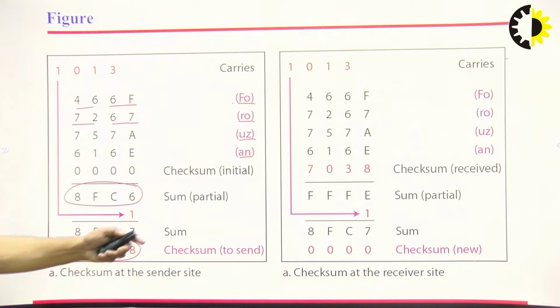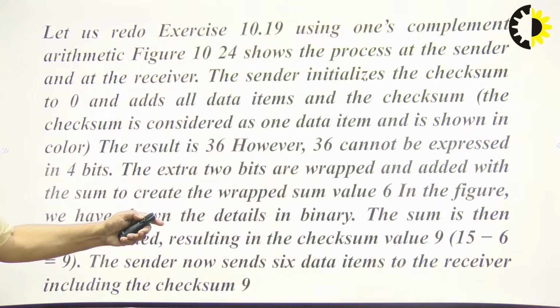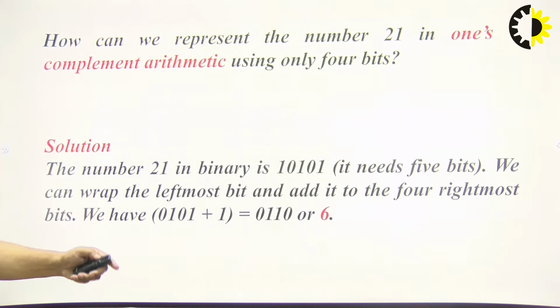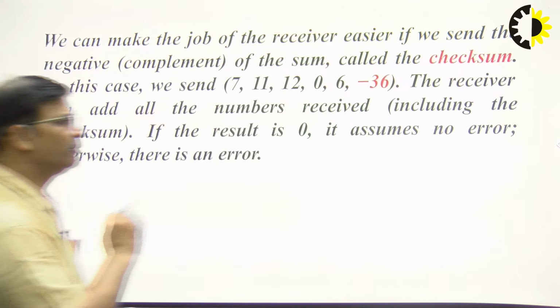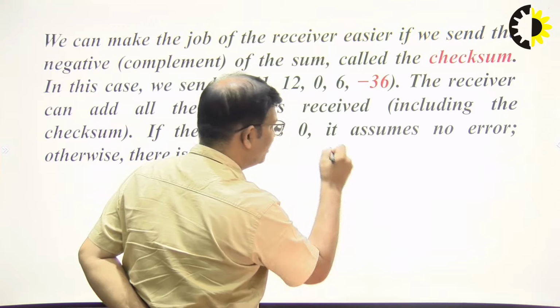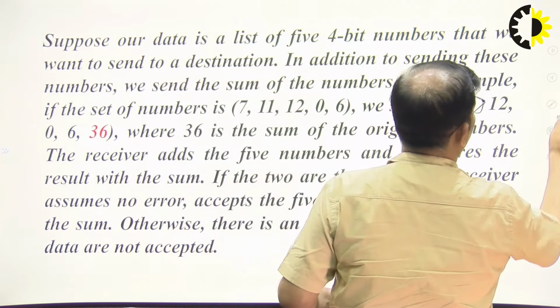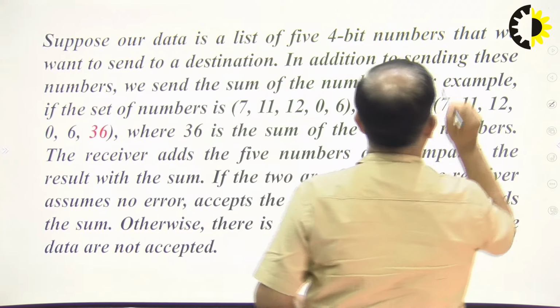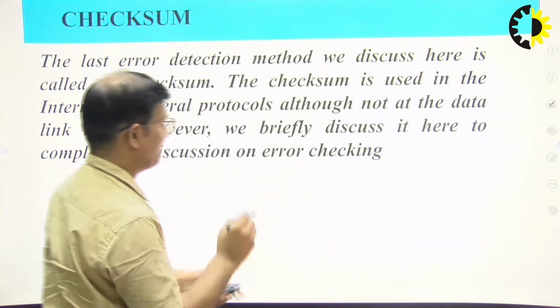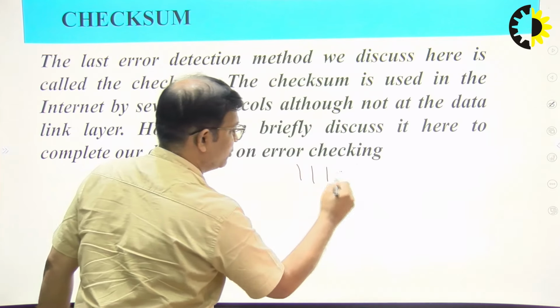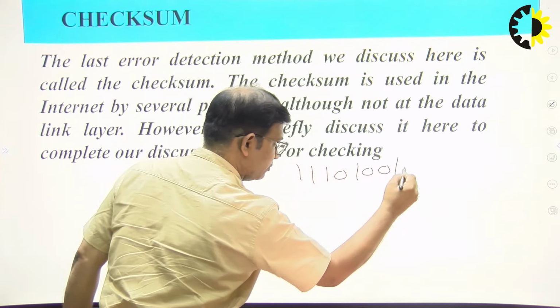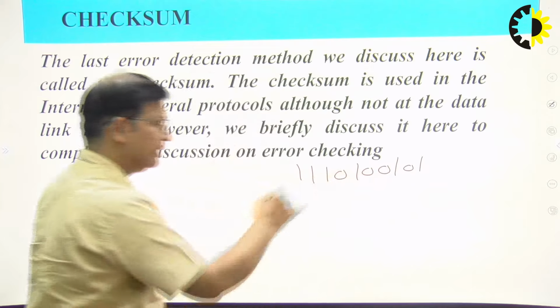For example, we have to do a short numerical example in this way. For example, 1 1 1 0 1 0 0 0 4 5 6. This is the case.